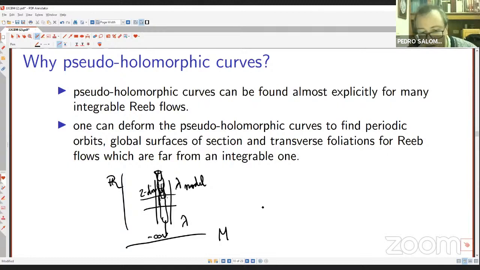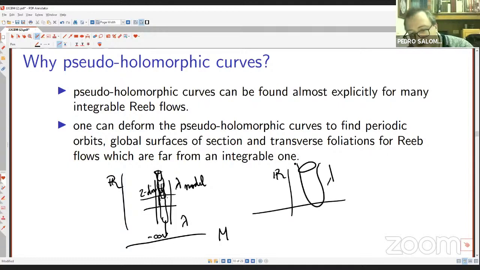This would be the construction that in the end gives you a different plane that solves the equation adapted to lambda, and this will give one possible leaf of your solution.